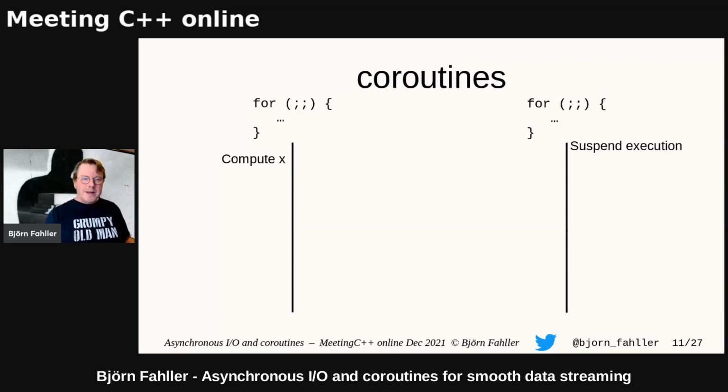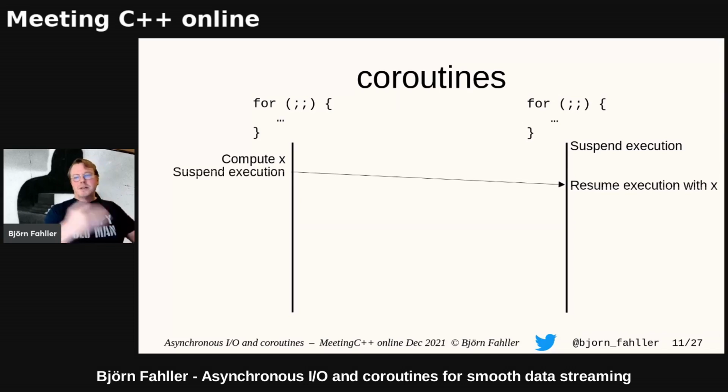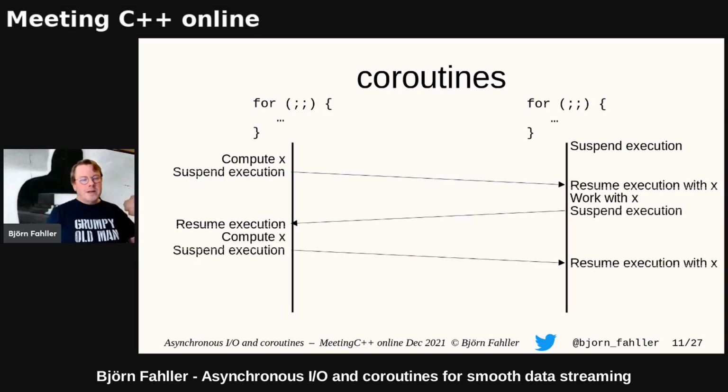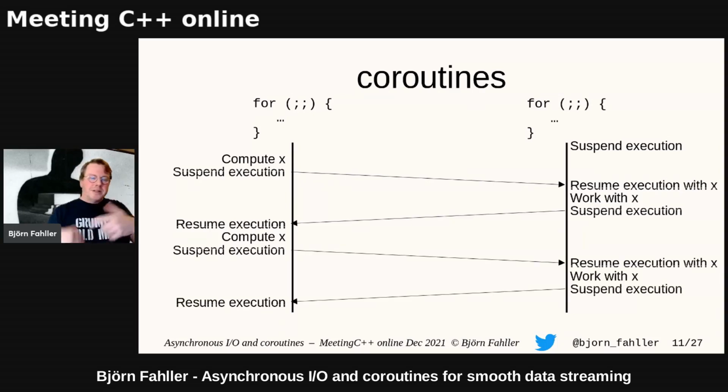It computes some x, and it suspends its execution and passes on the run privileges to the one on the right. It resumes and starts doing something with x, works with it, and when it's done with it, it suspends its execution so that the one on the left can resume its execution. Compute a new x, suspend its execution, let the one on the right continue with this and do some work, suspend its execution and resume, and so on.